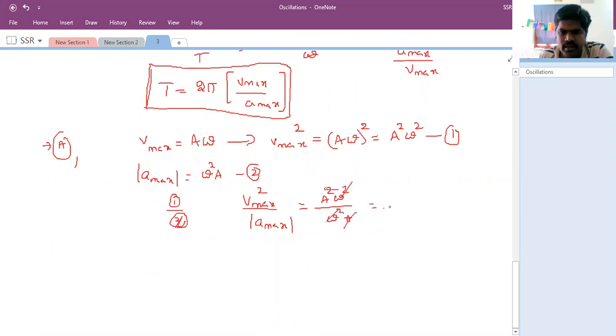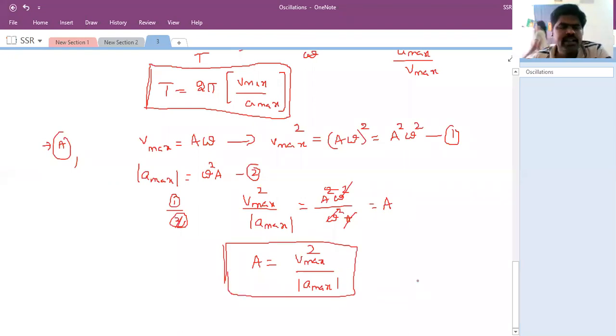So that is A. So from this you can find A. A is equal to Vmax square by Amax. Therefore, capital A, the amplitude, is equal to maximum velocity square by modulus of maximum acceleration. Are you clear on this equation?